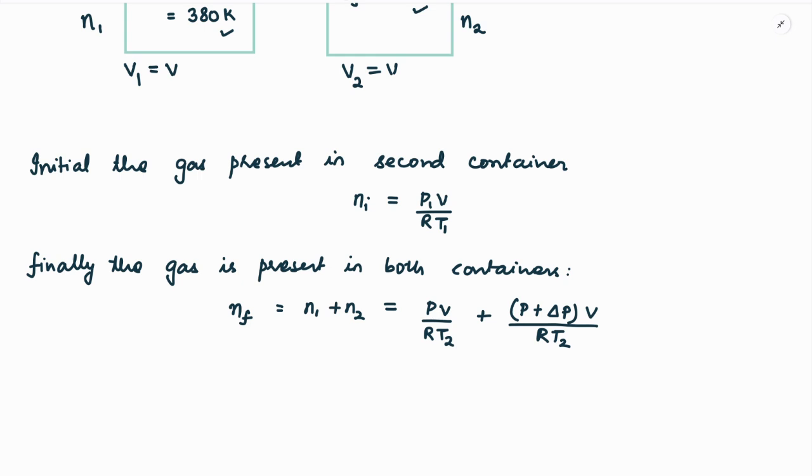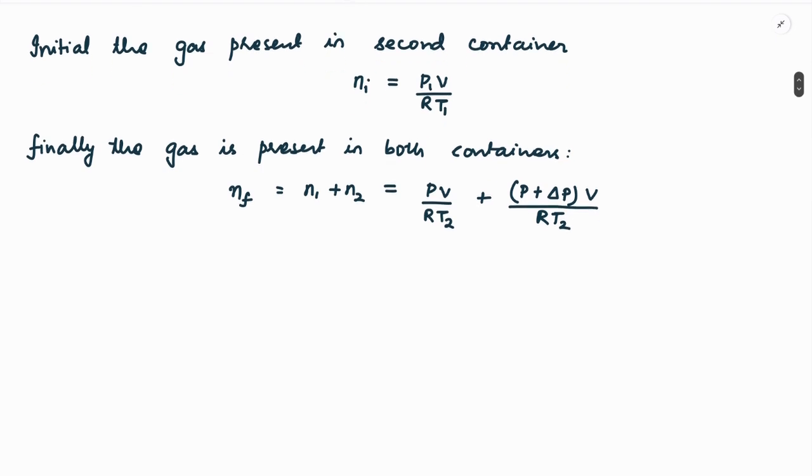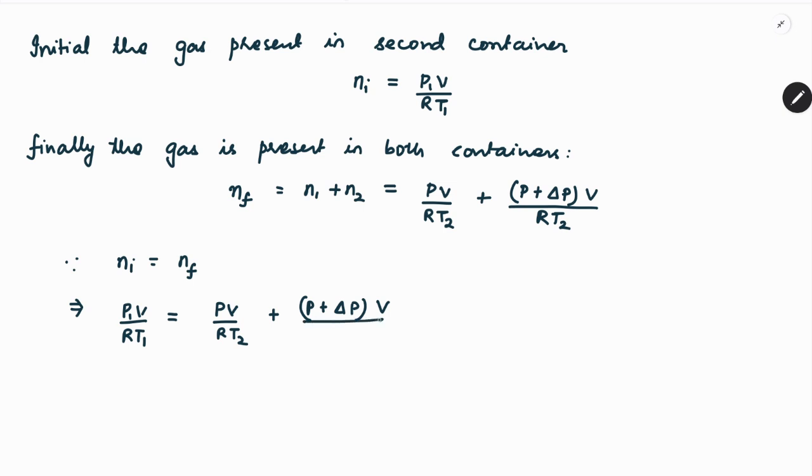And what is important for us to understand is that the number of moles initially and finally remains the same, as the gas is transferred from one vessel to another or remained in the first vessel itself. So since N initial must be equal to N final, we write the equation as P1V by RT1 equal to PV by RT2 plus P plus delta P, that is the pressure difference value which is given to us, times V by RT2.